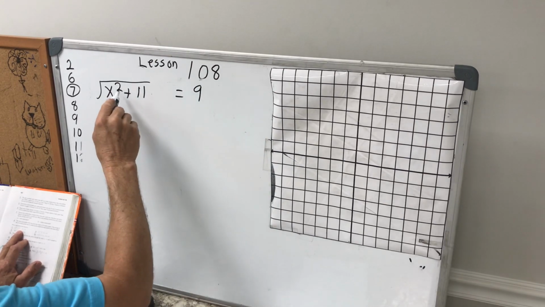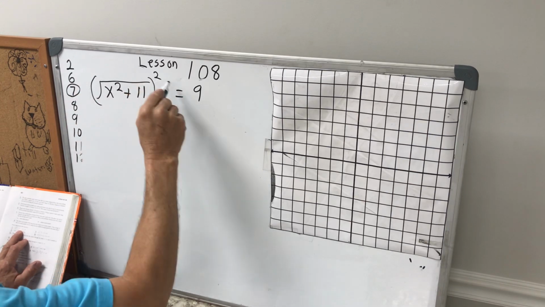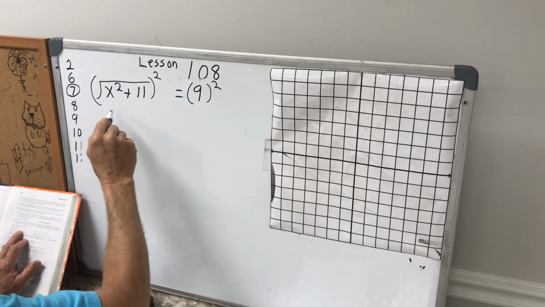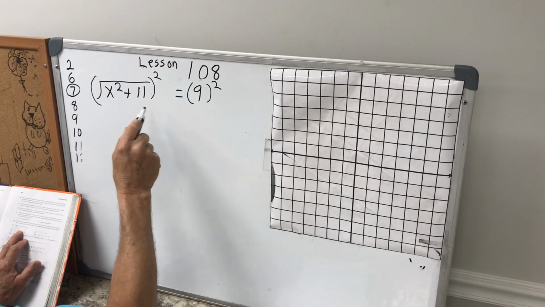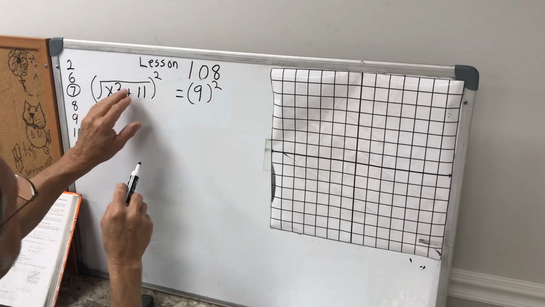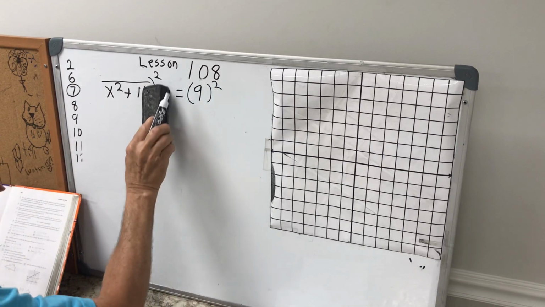Get rid of the square root sign. We put parentheses and square it. What we do on one side, we must do on the other. So if we wanted to rewrite this, I'm going to take this sign off here. Remember, if it's squared, we simply can take this off.